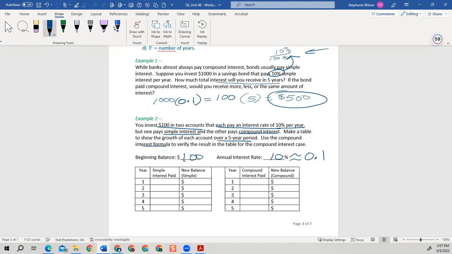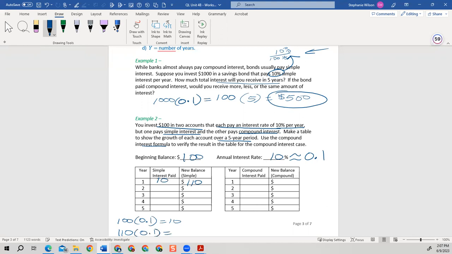Now, our simple interest says that we're going to pay our simple interest paid. If we start off with $100 and we times it by 0.1, we get 10. So we have 10 here. Well, 100 plus that 10 gives me 110. Okay. Now let's take that $110 and multiply it by 0.1.